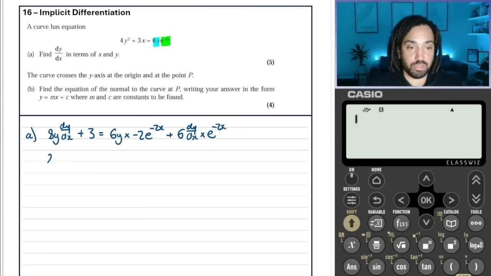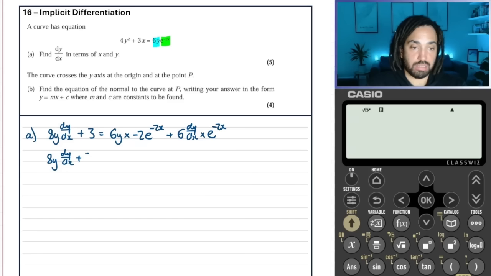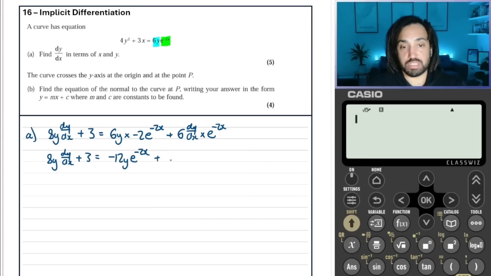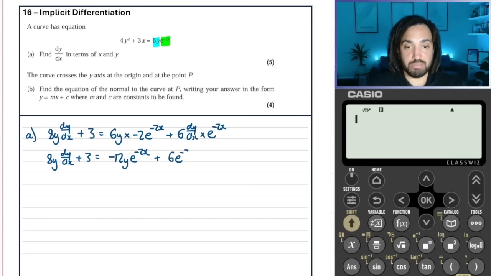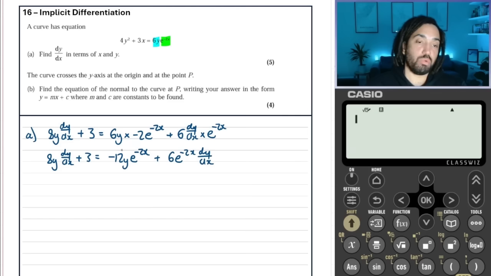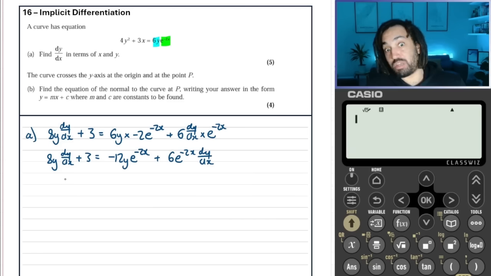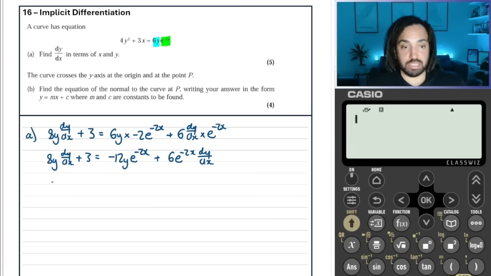And now what we can do is just tidy up. So this will give us minus 12y e to the minus 2x. And this will give us 6 e to the minus 2x dy by dx. Now we can collect up all of the dy by dx's on the same side, and all of the non-dy by dx's are put on the left-hand side.